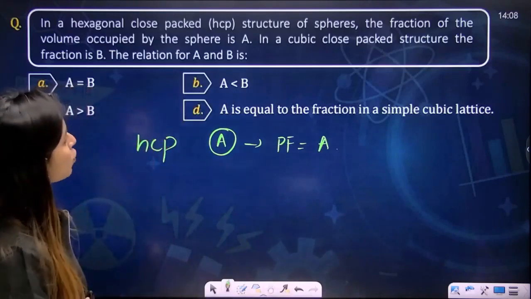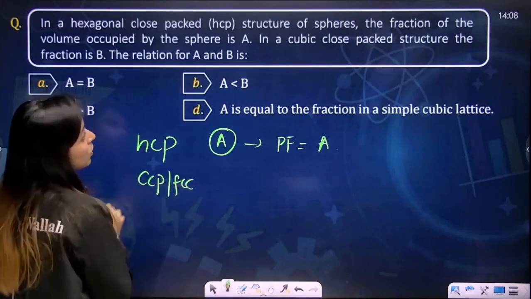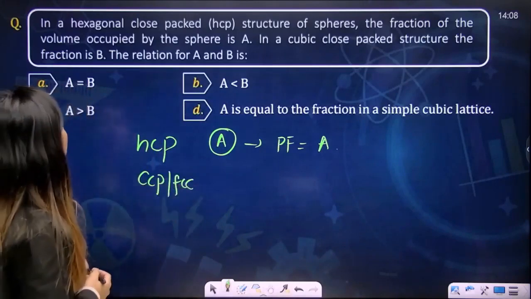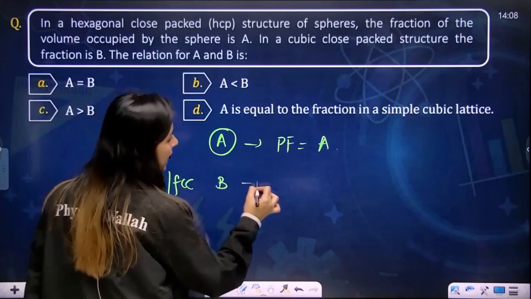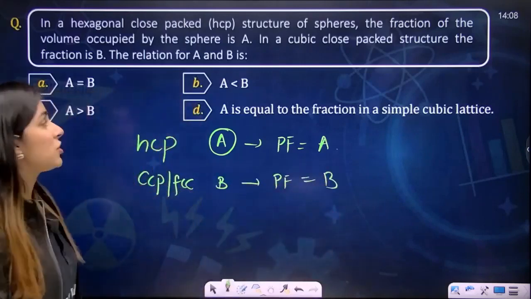In a cubic close packed structure, that is a CCP/FCC structure, the fraction is B. Let's say your atoms were B and the packing fraction is B. What is the relation between A and B?